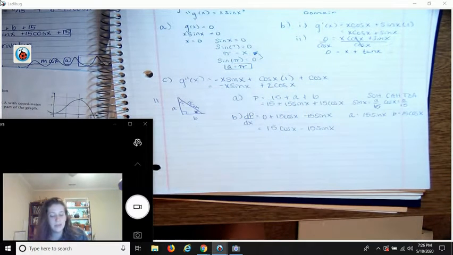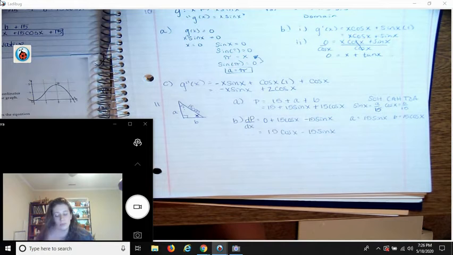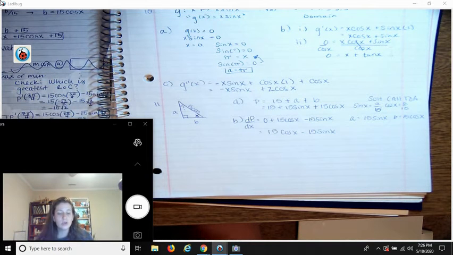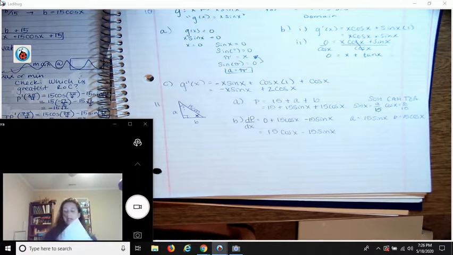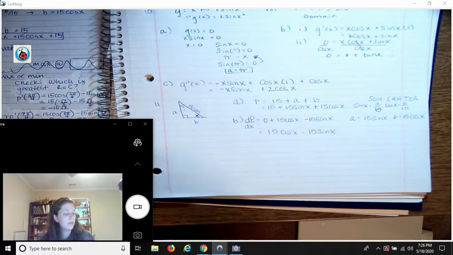Then it says, hence find the value of x when this rate of change is greatest. So the rate of change is greatest. Okay, greatest rate of change means that P prime has to have a max or a min. We're looking for the largest amount of rate of change.